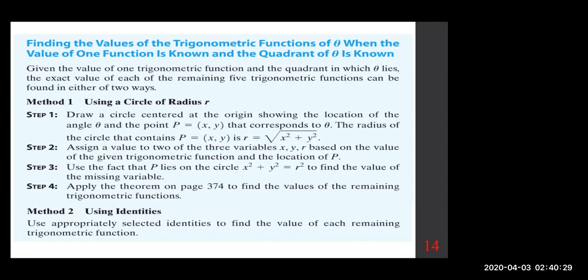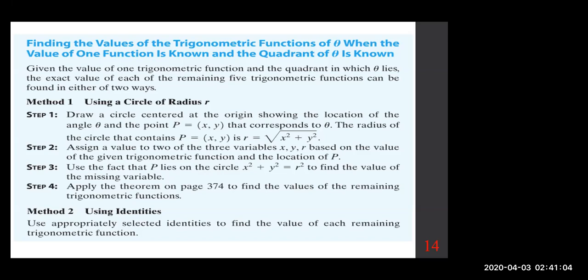To find trigonometric functions, class, we can go by using circles of radius r by drawing a circle centered at the origin. And remember, x squared plus y squared is r squared. So figuring out x and y and r will do the job, okay? And the other method is just using the identities, okay?